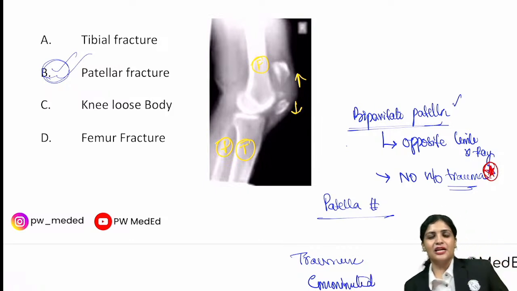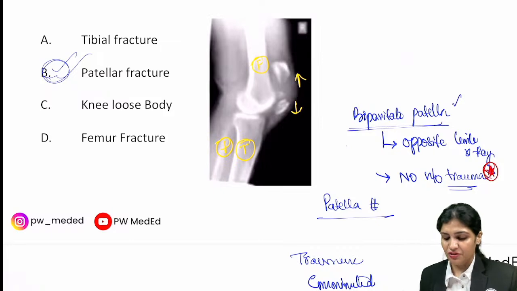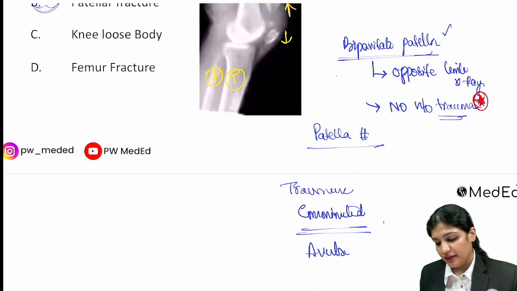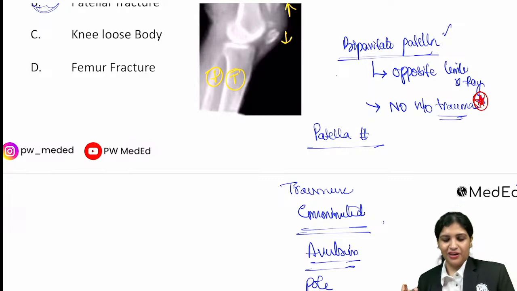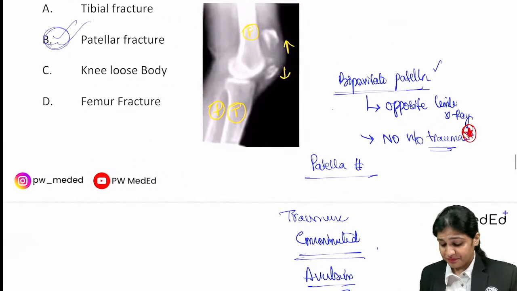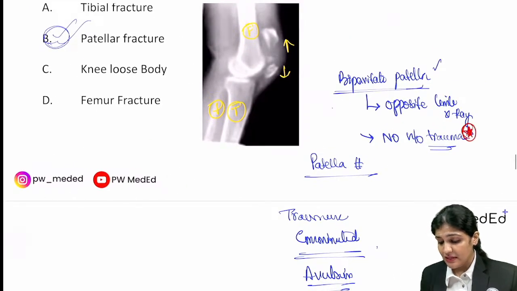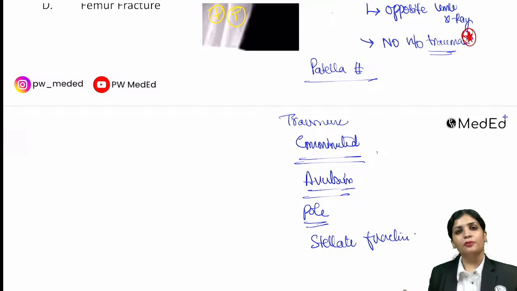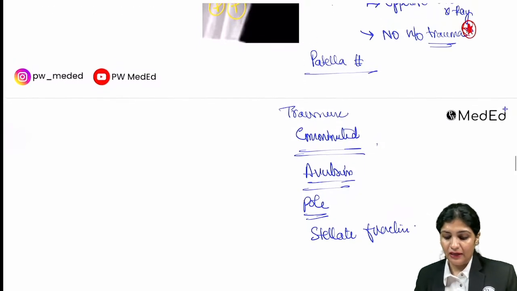We have already discussed the dashboard complex. So in case of dashboard injuries, you see this combination of the patella, and here this is a transverse, and you can see an avulsion fracture in case of patellae, and you can see an upper pole fracture, lower pole fracture. And one more thing is the star shape, that is a stellate fracture. So these are the various types of fracture depending upon the mechanism of injury where the patella can present.